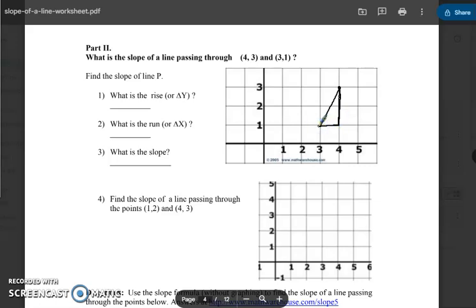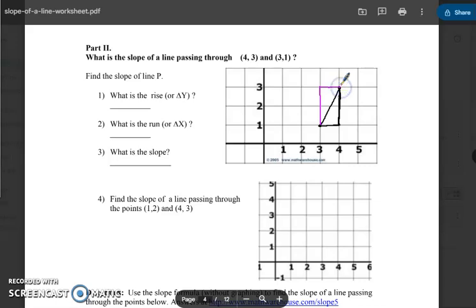So this one says, what is the rise? And hopefully remember, when it's going up to the right, that's a positive slope. If it's going down to the right, that's a negative slope. I can already tell this is positive. It's going up to the right. So our rise is, and again, I could have drawn it this way, I'm going to use a different color, I could have drawn it this way, up, over.